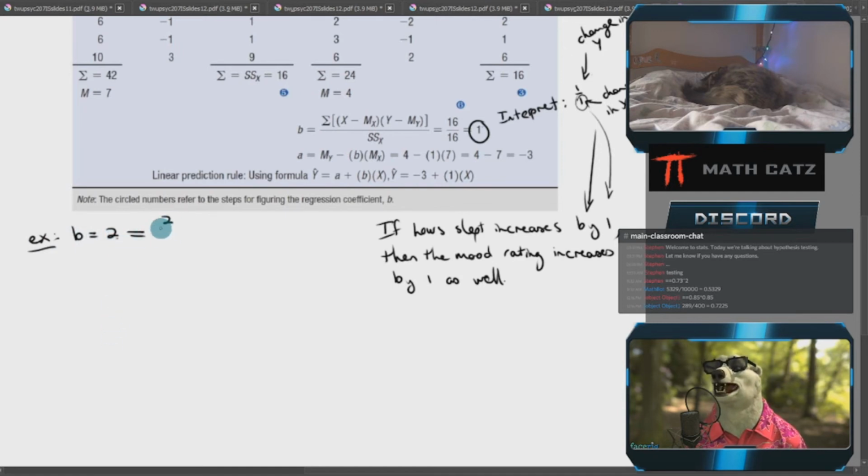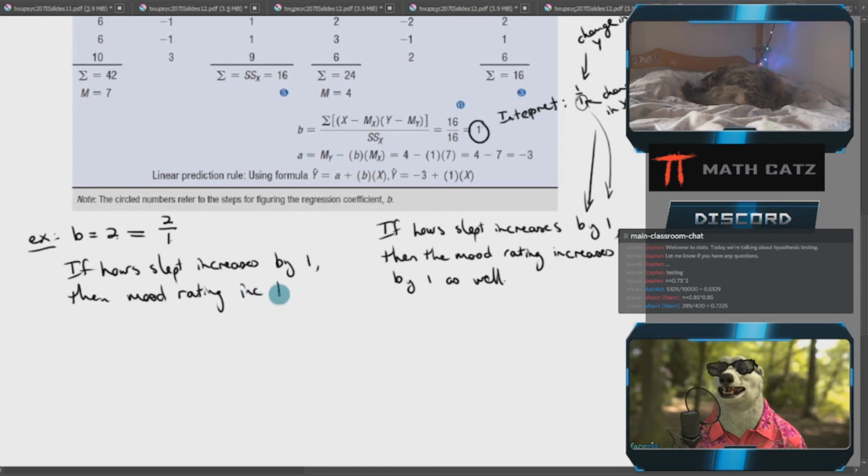I'm going to then write that as 2 over 1 and say if hours slept increases by 1, remember that's the bottom, then mood rating, according to this, increases by 2, if that was my B. I could have a different B.